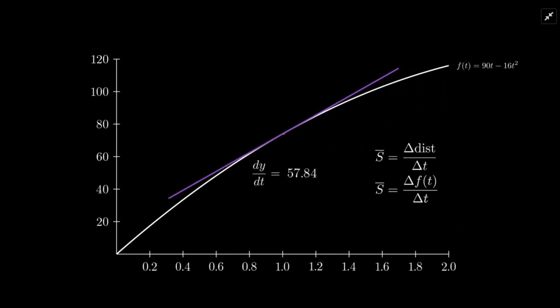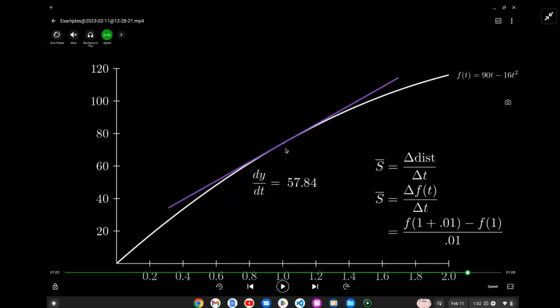Should match the gradient, which is dy over dt. So this should give you a sense now that we are approaching the instantaneous velocity at t equals 1 as dt gets smaller and smaller.